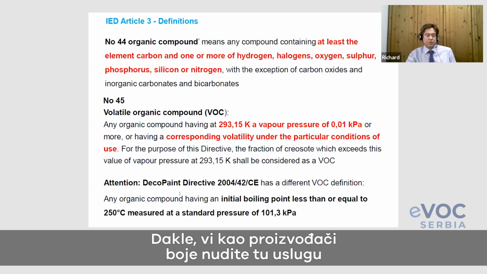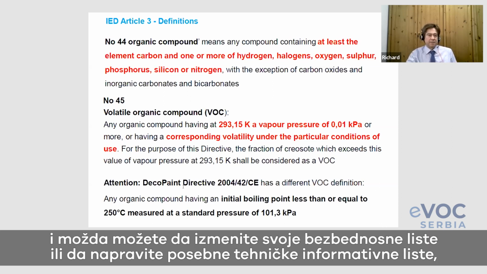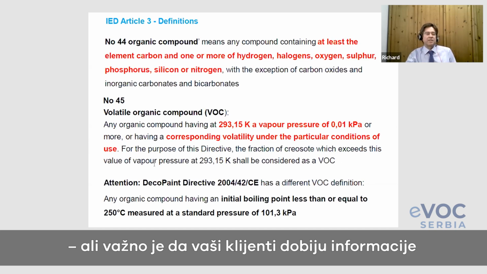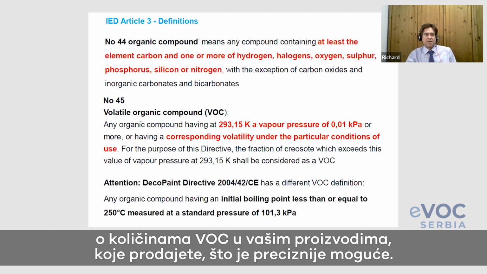So please, you as paint manufacturers, offer a service, and maybe you can change your safety data sheet, or you can make a special technical information, maybe submitted on request. But it is important that your customer gets the information about the quantity of VOC in the products you are selling, as exact as possible.